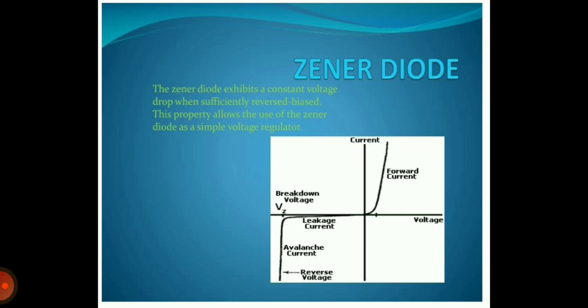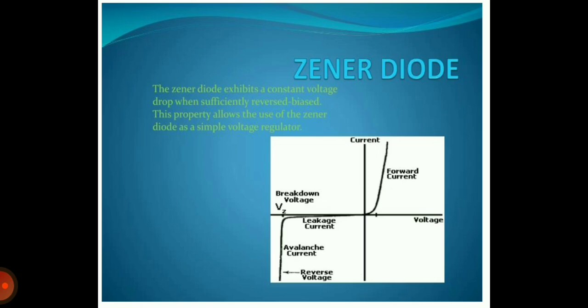This slide shows characteristics of Zener diode in forward bias mode as well as reverse bias mode. In forward bias mode, characteristics are drawn in the first quadrant. These characteristics show forward voltage and forward current, and when we observe the characteristics, after cut-in voltage, current increases rapidly in forward bias mode.